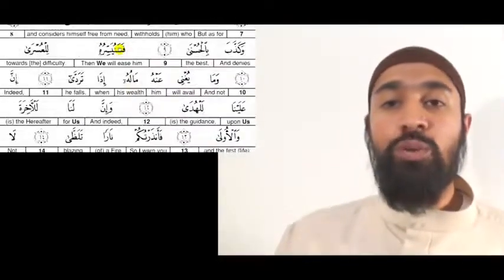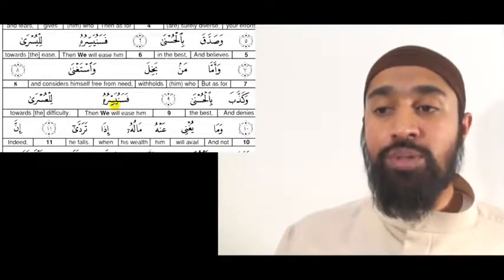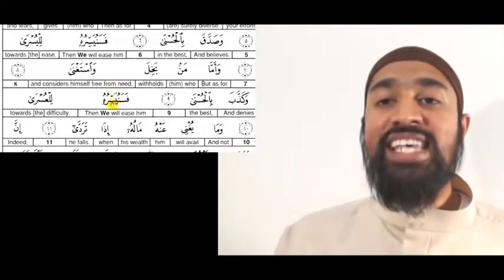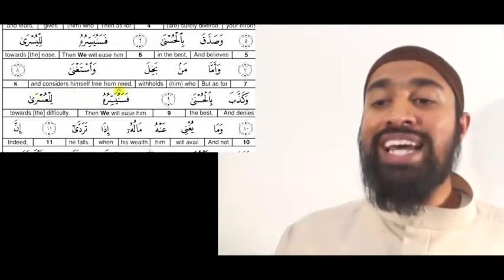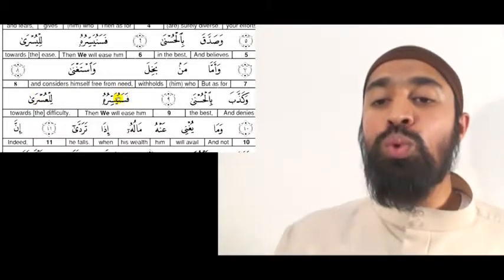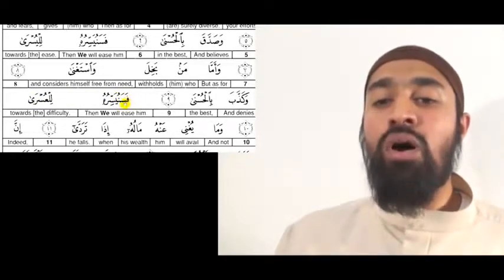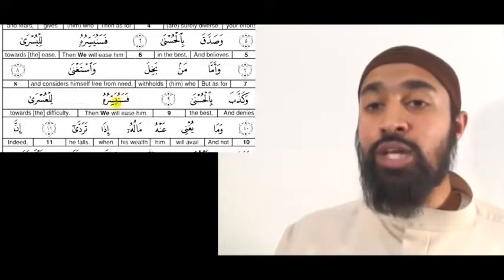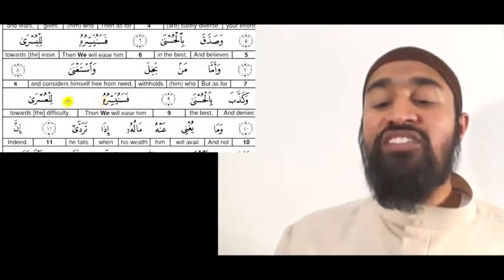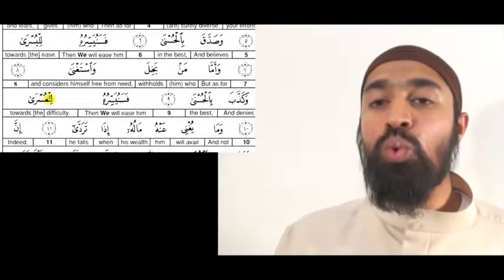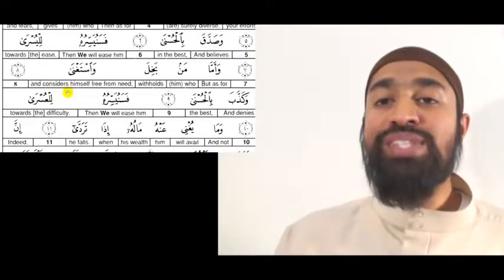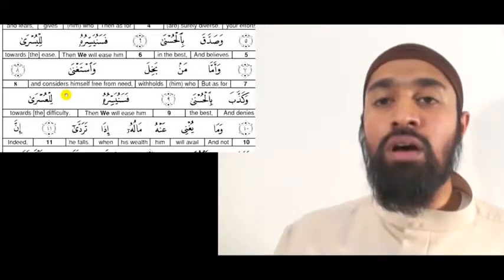We saw it before, so I want it to sound the same. It should be consistent as in verse number 7. Let's look at it together. فَسَنُيَسِّرُهُ لِلْعُسْرَى. Lil usra.